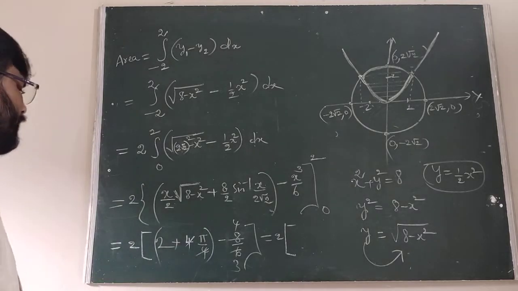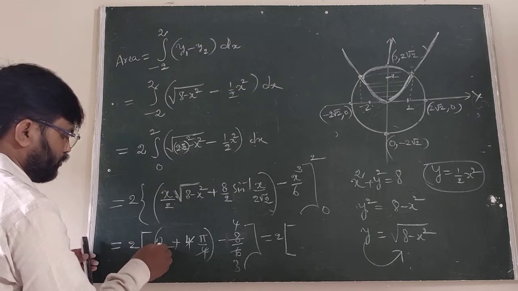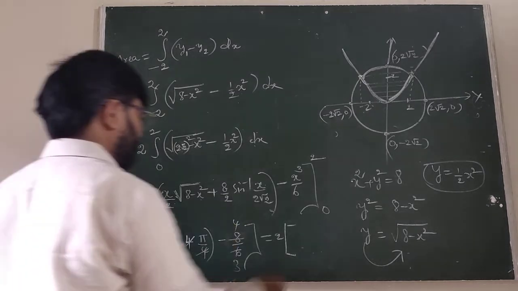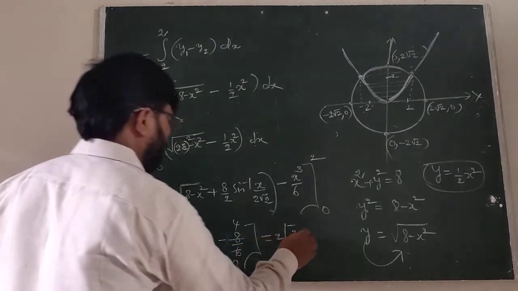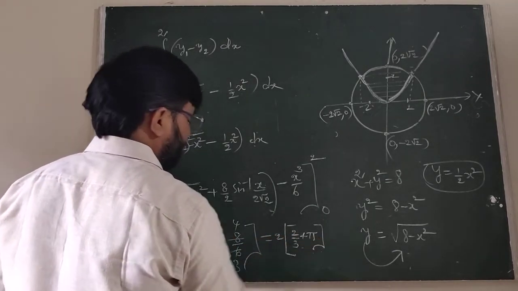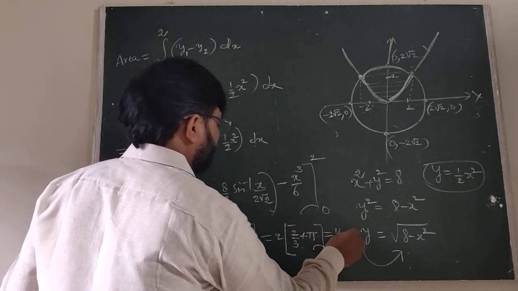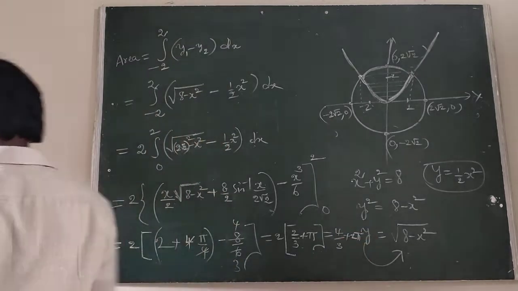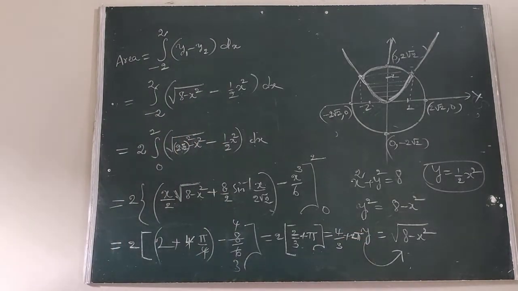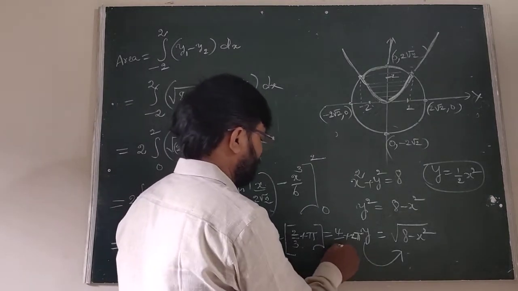Now 3 twos are 6, 6 minus 4 is 2. So 2 by 3 plus pi. Now we write 2 into 2 by 3, that is 4 by 3, plus 2 into pi, 2 pi. This is the first part area: 4 by 3 plus 2 pi.